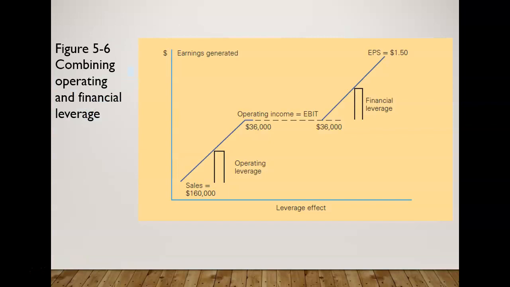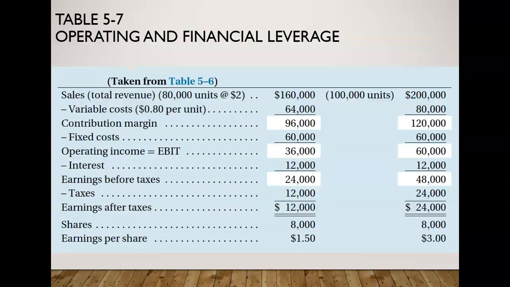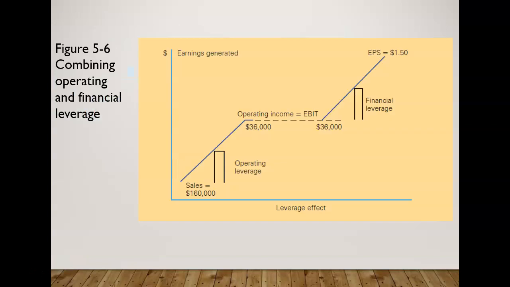So we can combine both leverages in what we speak of as the degree of combined leverage. So combining operating and financial leverage, right? We have the operating side that deals with operating leverage, and then we have the financial part that deals with financial leverage.